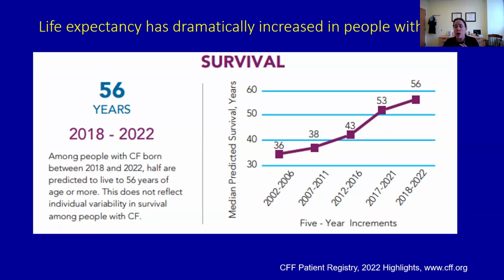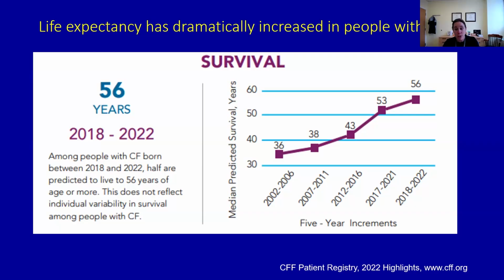And I have to tell you, it is such an exciting time to be taking care of people with CF because there are so many new and effective treatments that have improved the quality of life and life expectancy. Back in, I think, the 1960s, the average life expectancy for a child with CF was 10 years old.